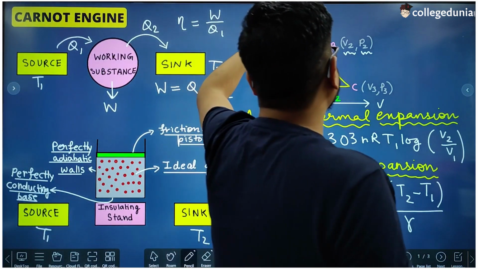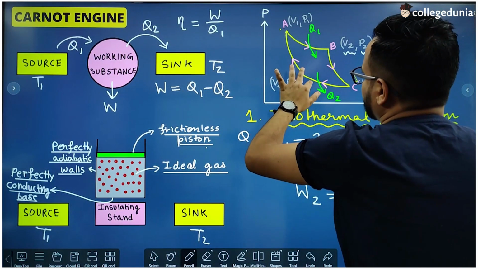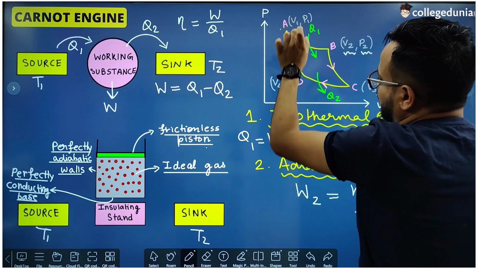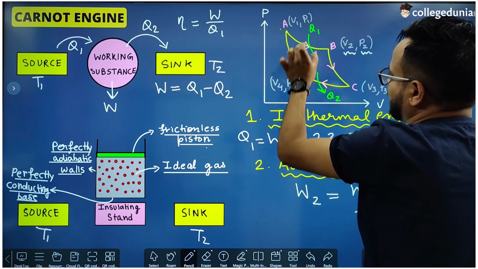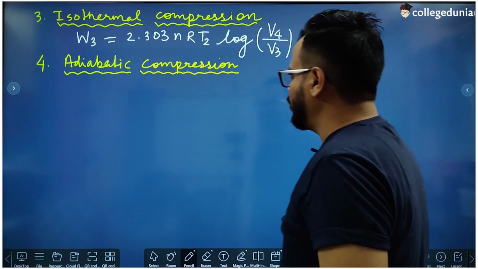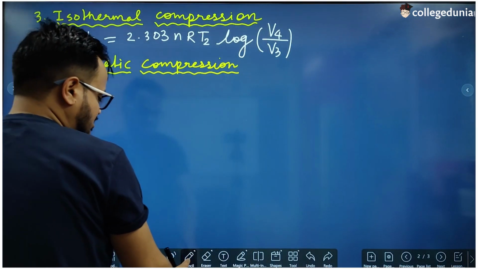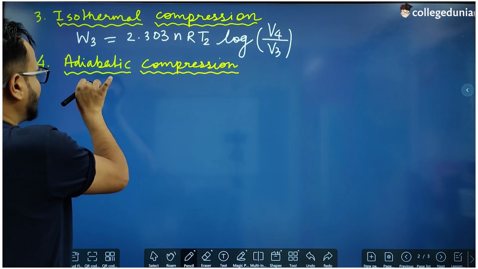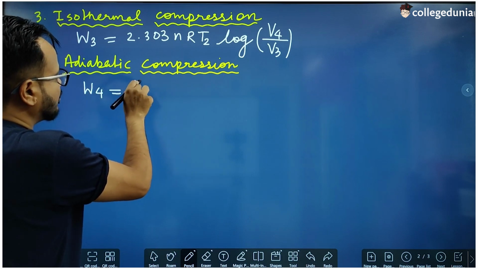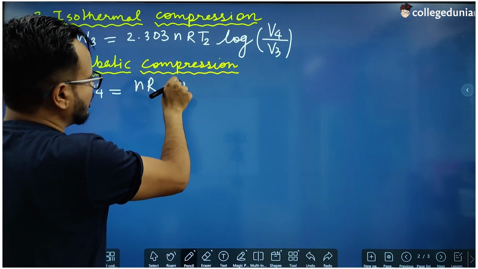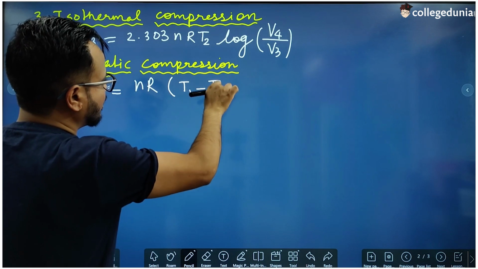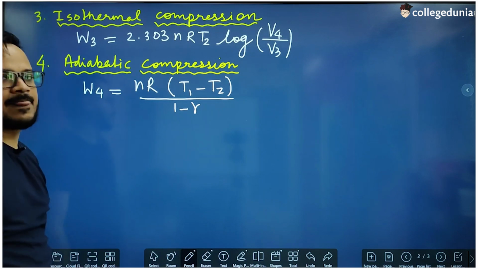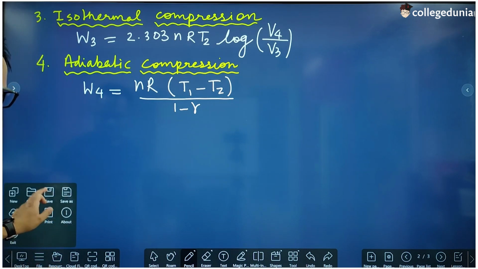This process started from this state A. Now the fourth step is D back to A, when the volume again changes and comes back to V1. Volume changes from V4 to V1 and the pressure changes from P4 to P1 and the temperature changes from T2 to T1. So what will be the work done in this case? This is an adiabatic process, so work done is final temperature T1, initial temperature was T2 divided by 1 minus gamma. Clear? Okay.